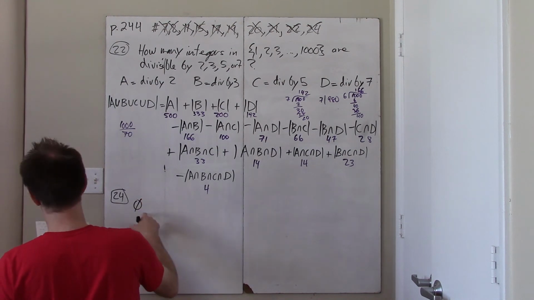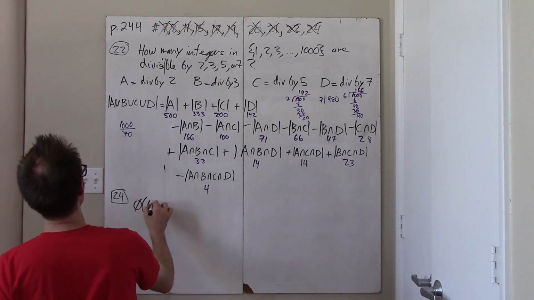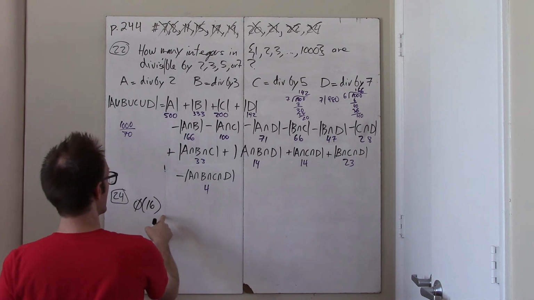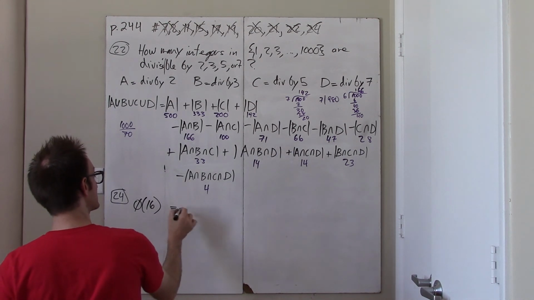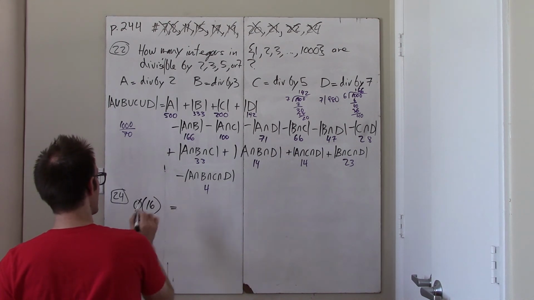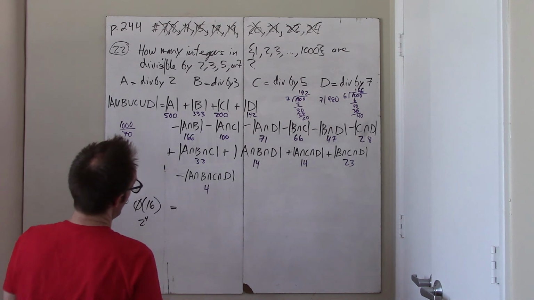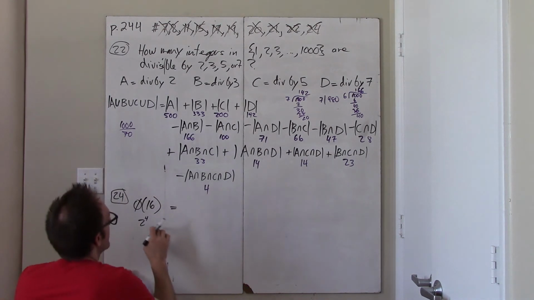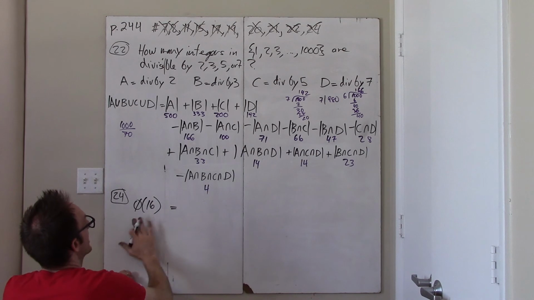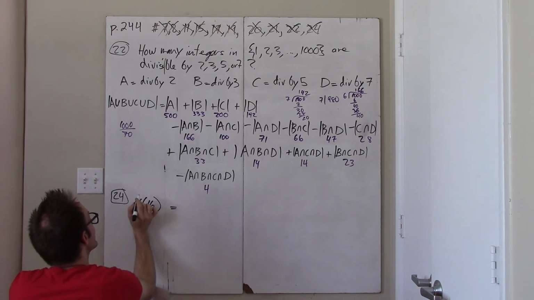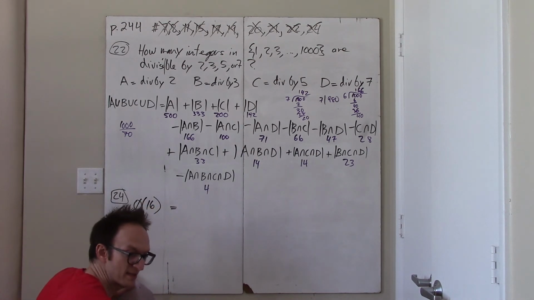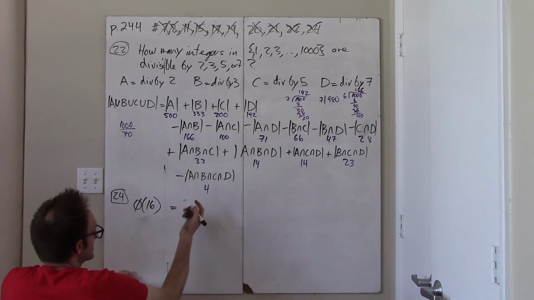So what's phi of 16? Note that 16 is just 2 to the 4th. We want the numbers not relatively prime to 16, which means the numbers which are odd, basically. So this is just going to be 8.